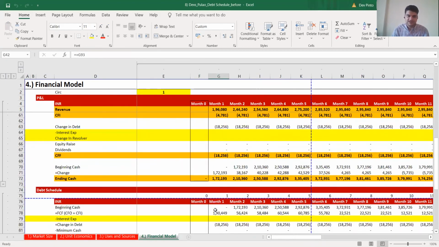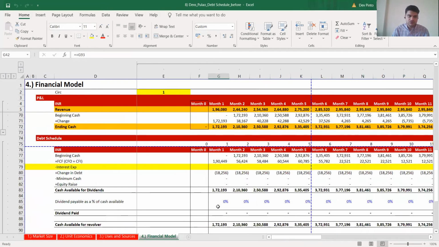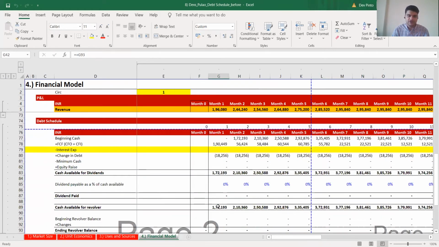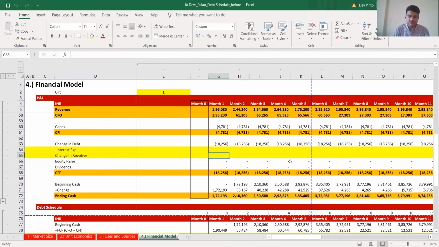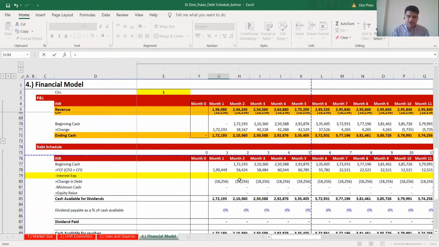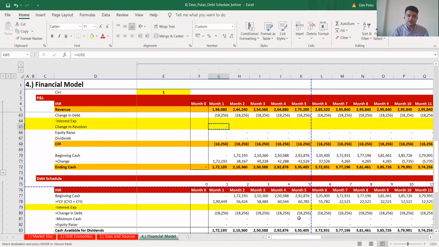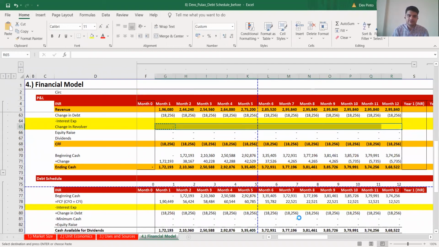So we have this, and let's just link it to the cash flow statement, right? So change in revolver. Remember, signs on the cash flow statement are very important. One sign wrong and your balance sheet is not going to tie once you link the entire model. So change in revolver will be, let's just put it over here, nothing fancy, right?